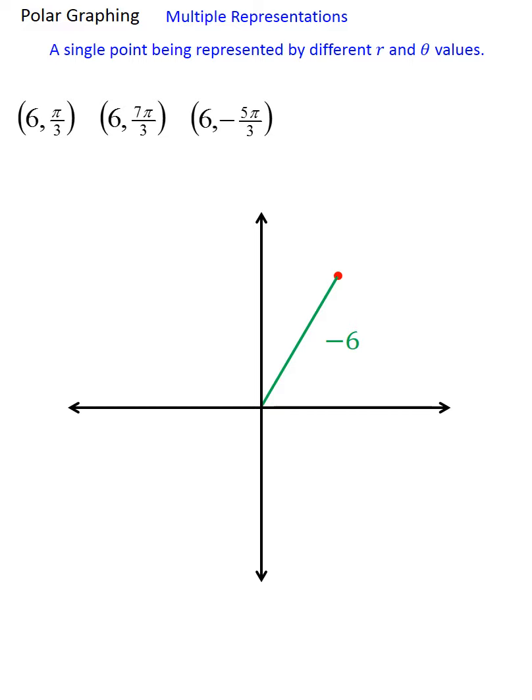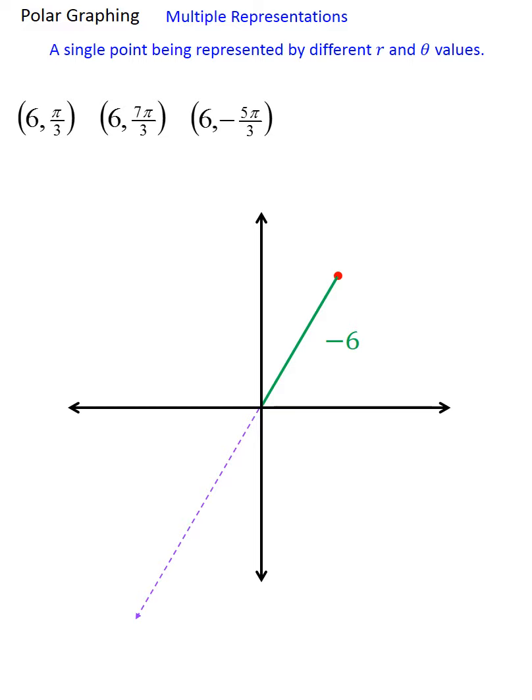So here's an idea they had centuries ago. They decided that the distance from the origin could be considered negative as long as the angle, the theta value, was facing in the opposite direction of the point.